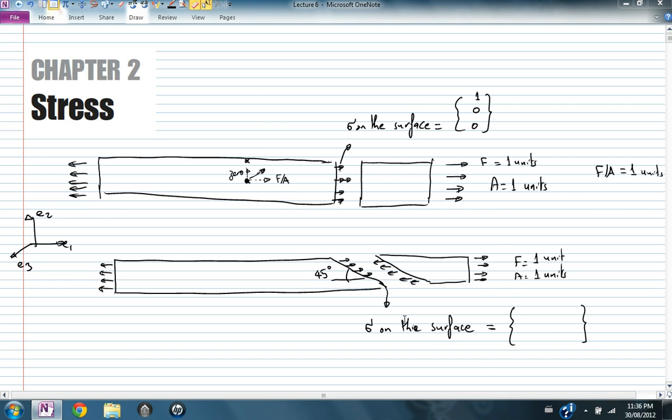So to find the stress on the surface that's inclined with an angle 45 degrees, in the horizontal direction, in the direction of E1, I have a total force F is equal to 1. But the area of this plane is actually equal to 1 over cosine 45 degrees.